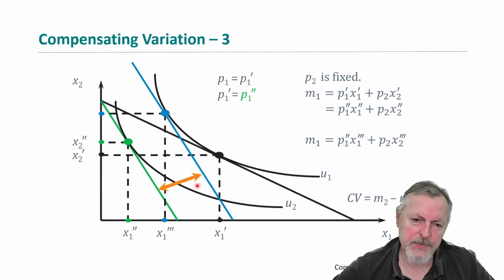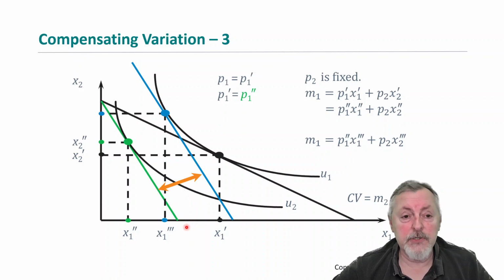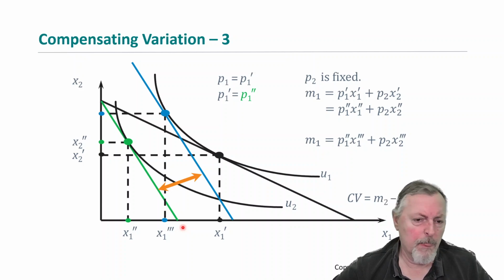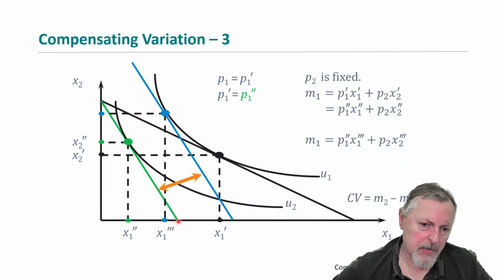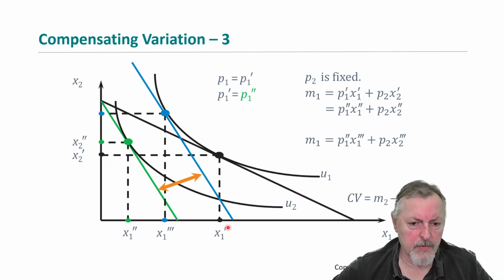Well, this difference here is just a dollar amount. Think of it this way. If you spent all your money on thing one before and after the change, well, instead of being here, you would be here. This is a quantity of thing one.